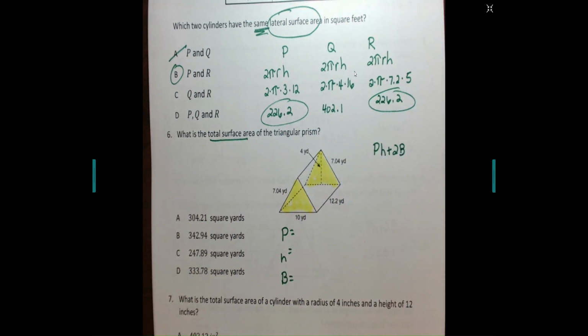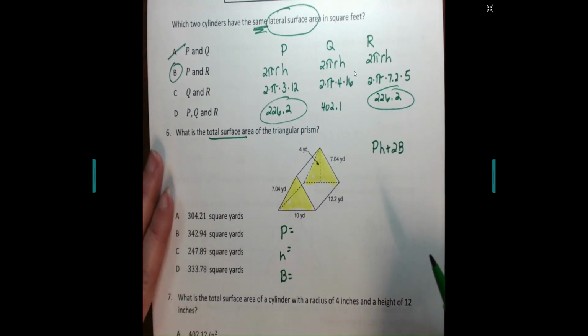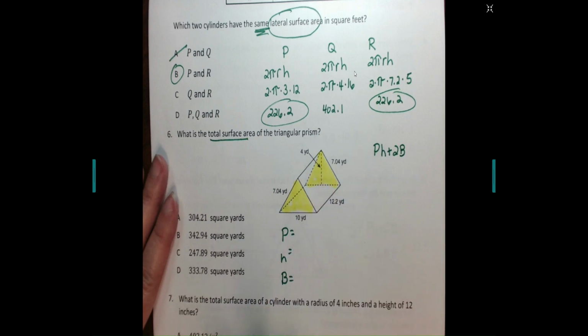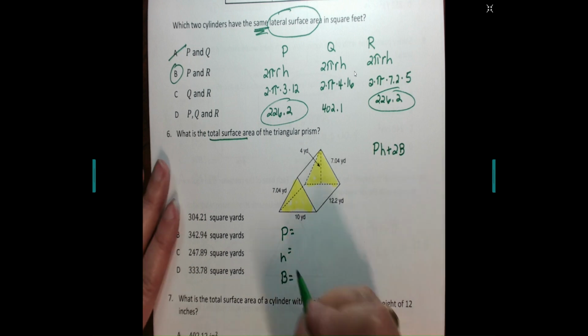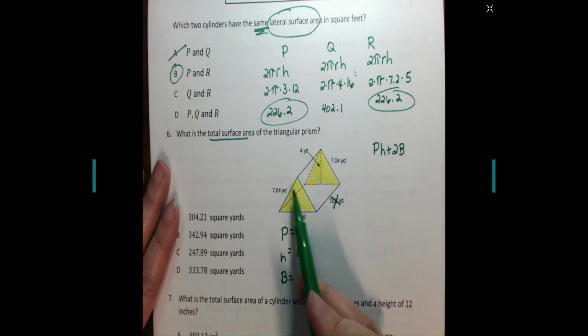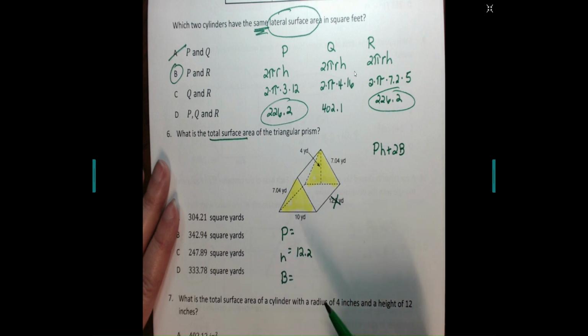Are you writing everything I'm writing? Triangles are my bases. So what's the height? What number has nothing to do with those yellow triangles? 12.2. All right, now the perimeter of the triangles. What numbers am I going to add together?